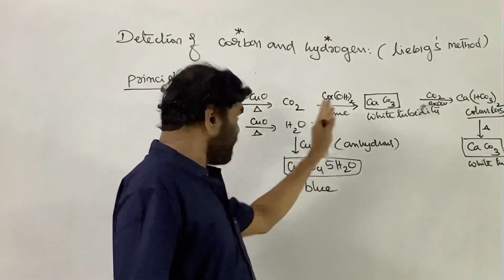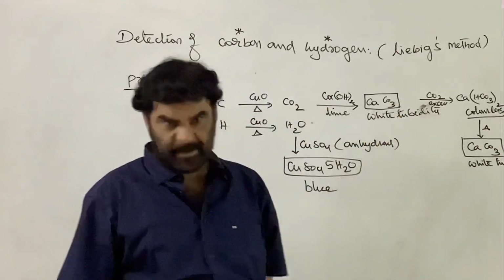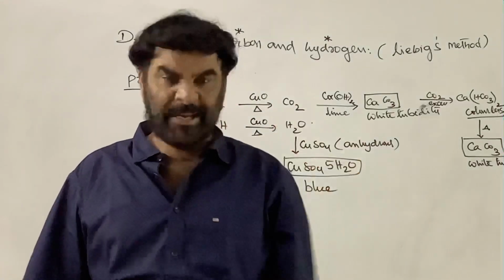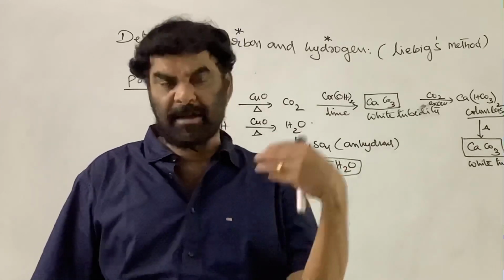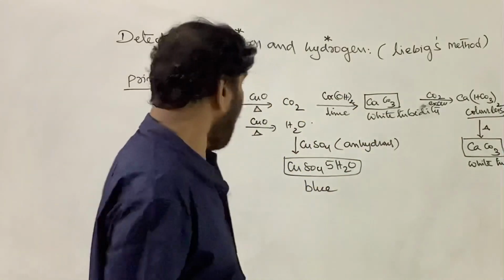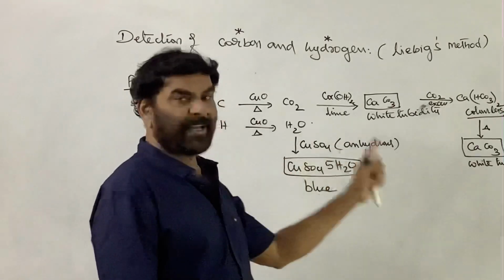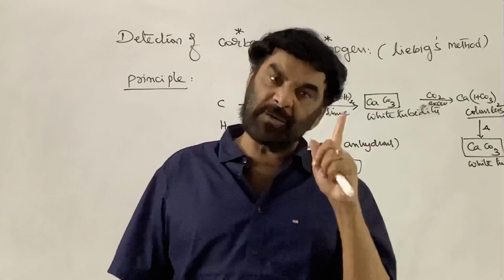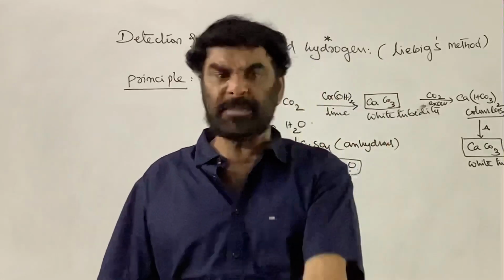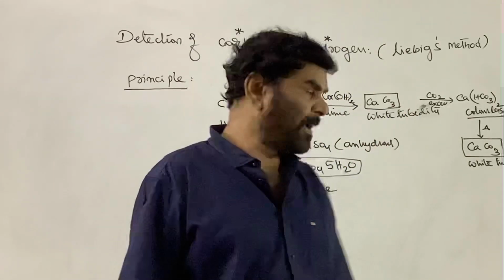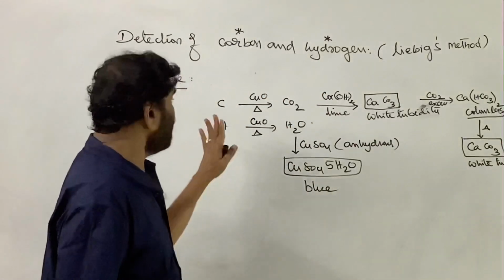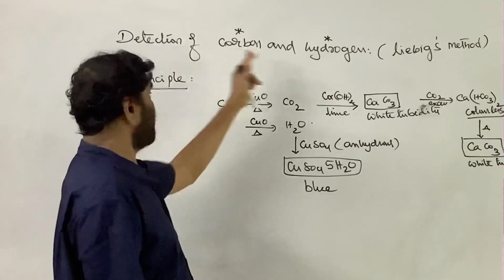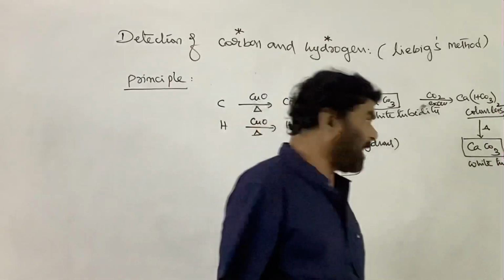Or if the colorless lime water changes to a white milky solution, and the anhydrous copper sulfate is not affected by the gases, then we say that the given organic compound contains only carbon and hydrogen is absent, so H2O is not formed. By using this test, we can find out the carbon and hydrogen in the given organic compound.